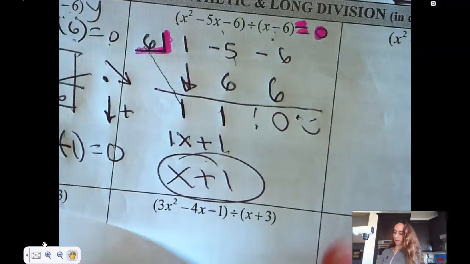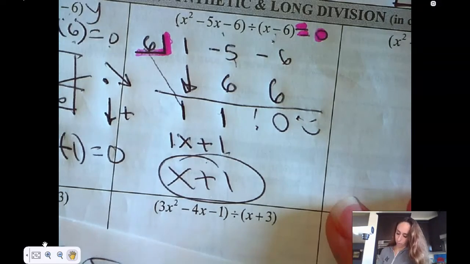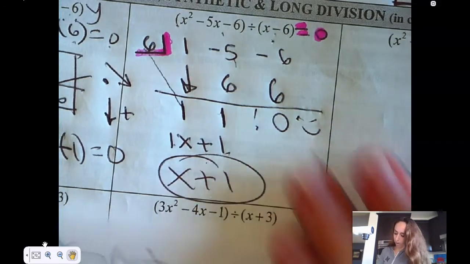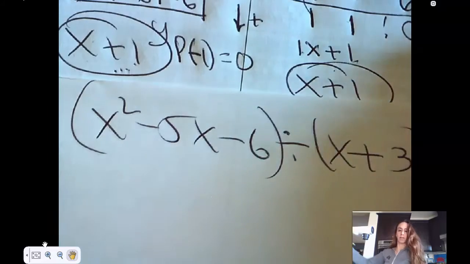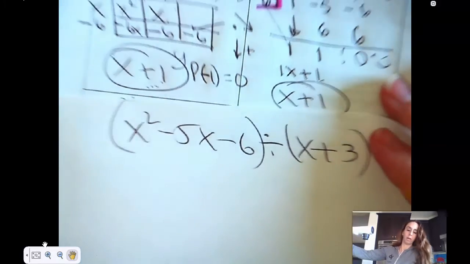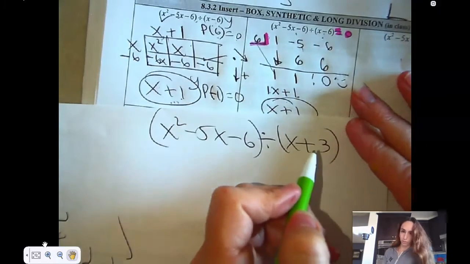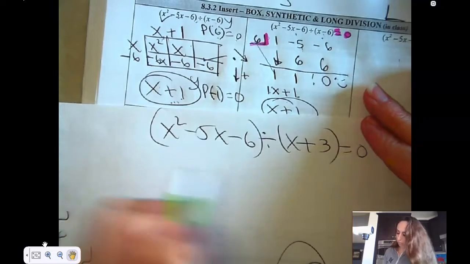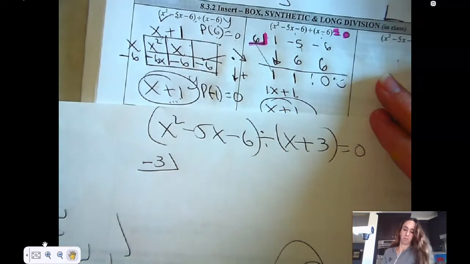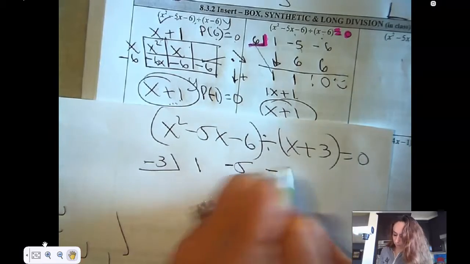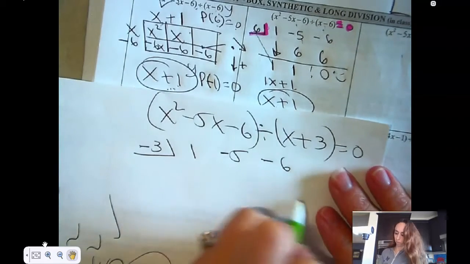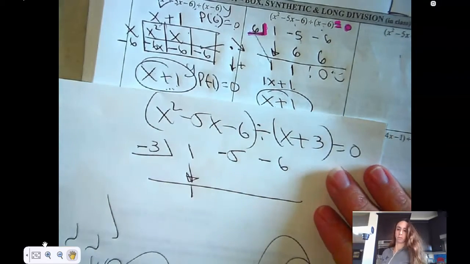So let's say I had x squared minus 5x minus 6 divided by x plus 3. Okay, let's say I had that problem. If I'm doing synthetic division, what's the first thing I do? Set it equal to 0. Now, take the coefficients, draw a line, always bring down the first number.